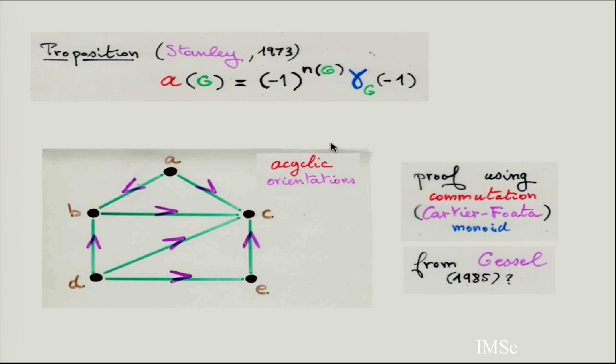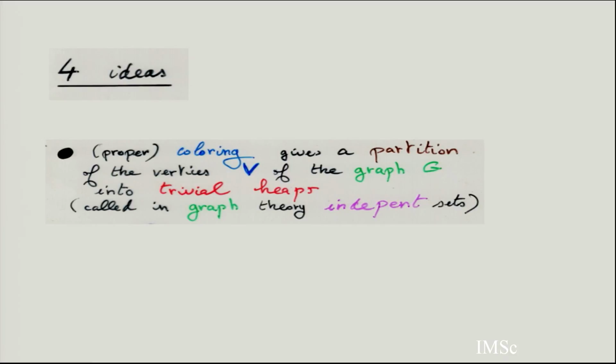This proof combines 4 different ideas, which are simple, and they give the proof of the theorem of coloring a graph with -1 color. First idea: coloring a graph. When you color a graph, that gives you a partition by the different colors, and the vertices with the same color form what is called in graph theory an independent set.